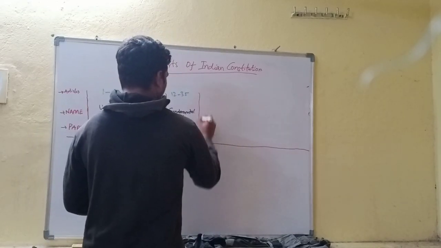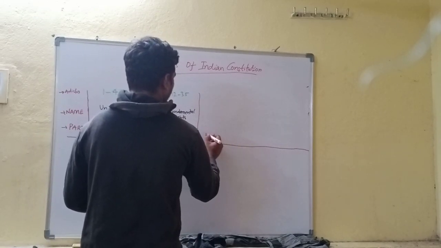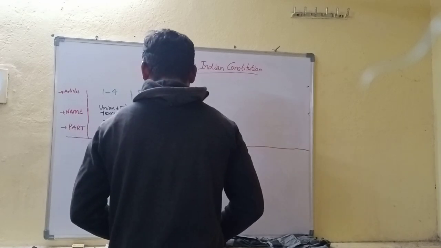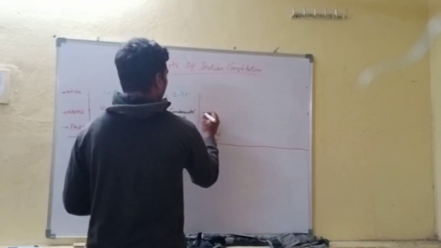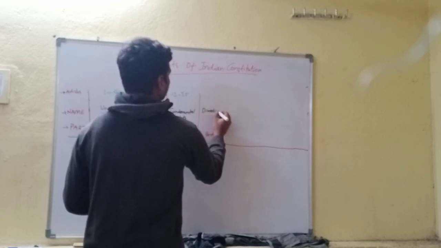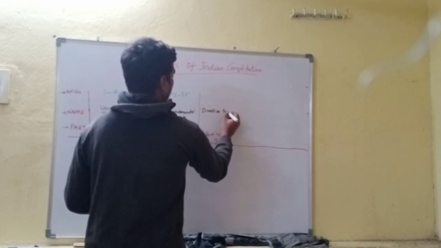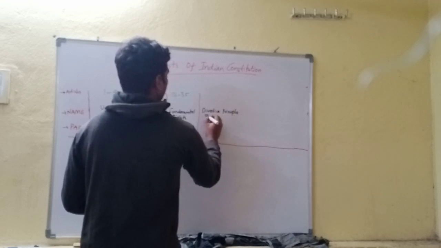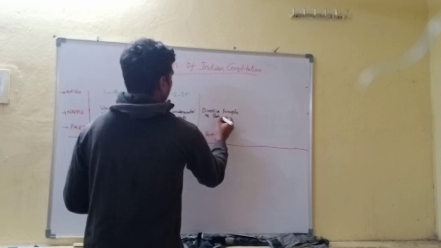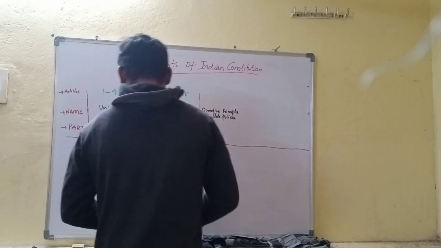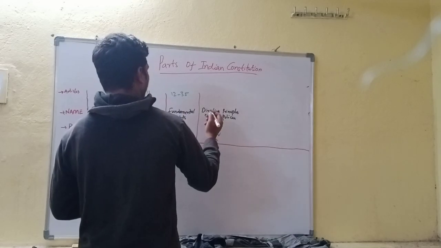Next, the fourth part. It is about DPSP. DPSP means Directive Principles of State Policy. Articles 36 to 51.